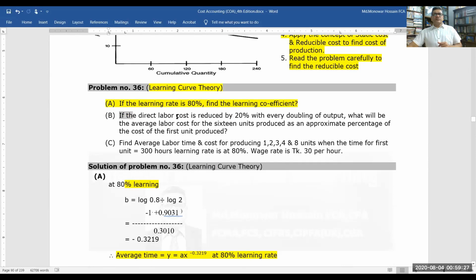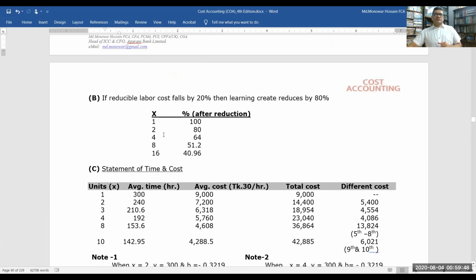Now another one. If the direct labor cost reduces by 20% with every doubling of output, what would be the average labor cost for 16 unit production as an approximate percentage of the cost of the first unit produced? Look here, if the reducible labor cost falls by 20%, then the learning rate is 80%.